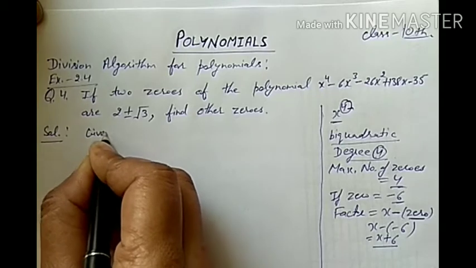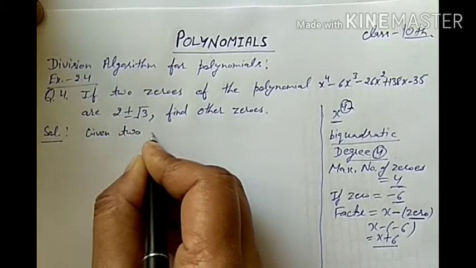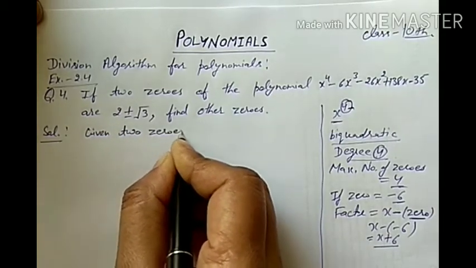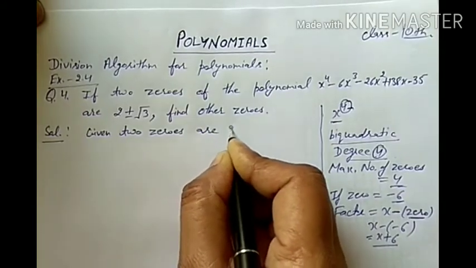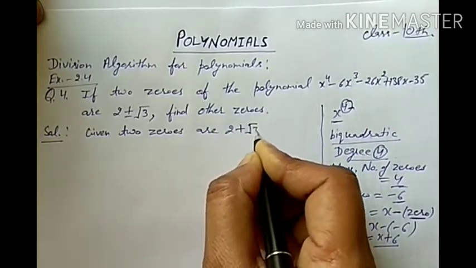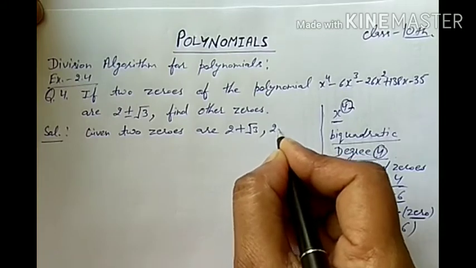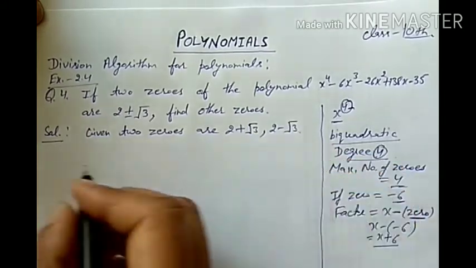Given, 2 zeros are 2 plus under root 3 and 2 minus under root 3.